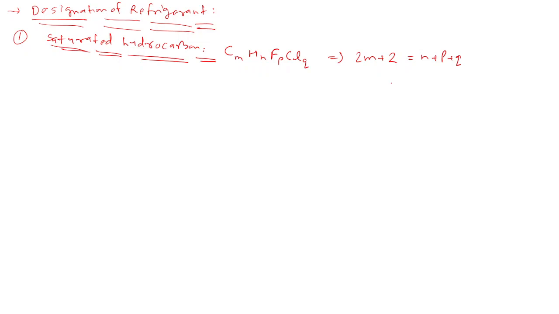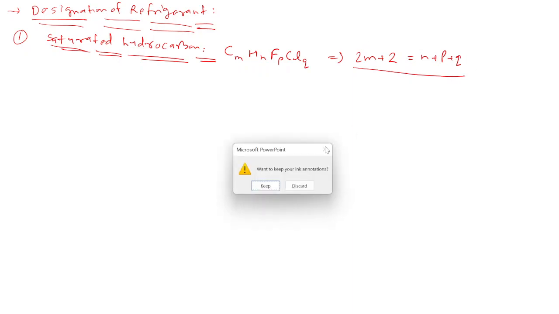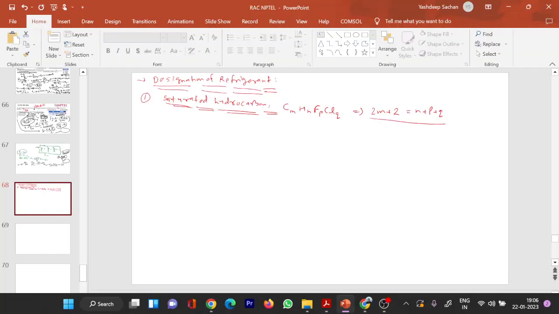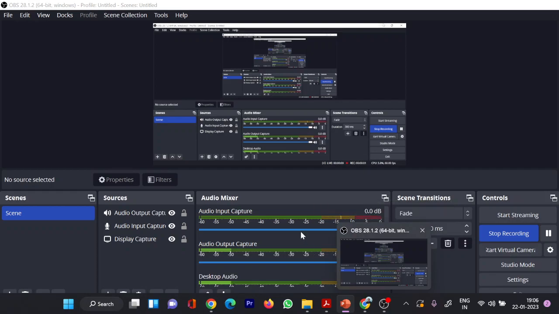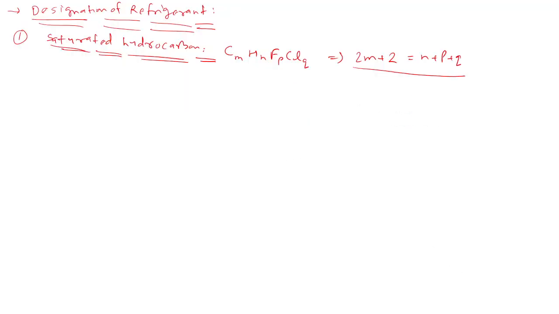Yes. Is it correct, right? Yes, sir. So if it is a saturated hydrocarbon, then the nomenclature for any refrigerant of this type would be: we name that refrigerant as R with subscript m minus 1, n plus 1, and p.